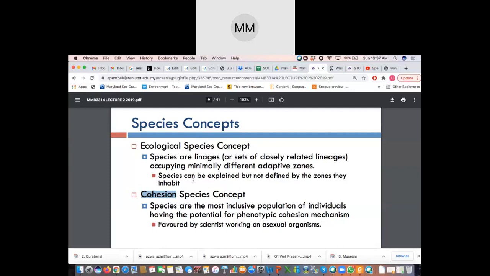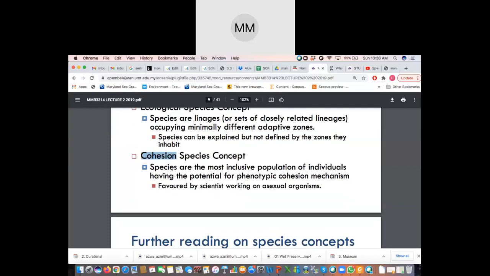It is something to consider in terms of the ecology, but you cannot just strictly define species based on a different habitat. I hope you understand what I mean by this definition. Species can be explained. Again, the word here is that it can explain, but not define, by the zones. That is what it means here. Good? Are we clear?